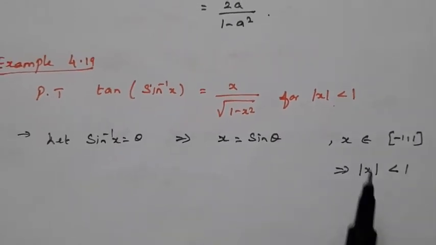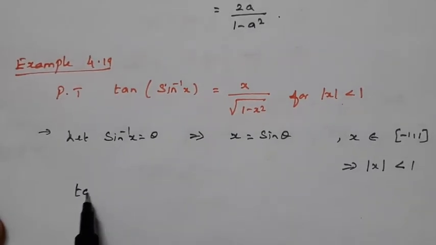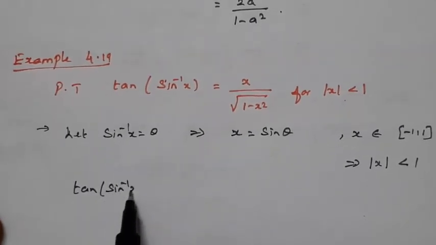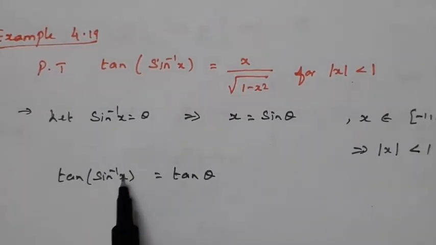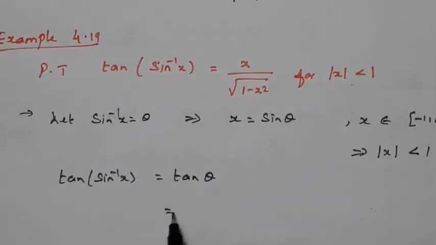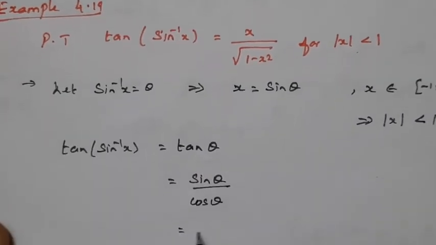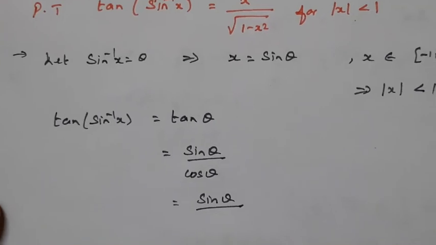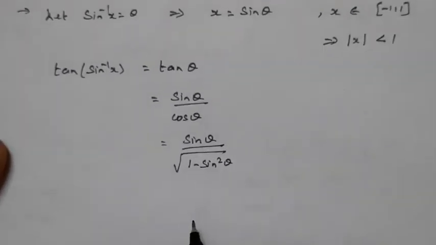Now, tan of sin inverse of x is equal to tan theta by replacing sin inverse of x by theta. Tan theta can be expressed as sin theta by cos theta. Okay, and then cos theta can be expressed as root of 1 minus sin squared theta.